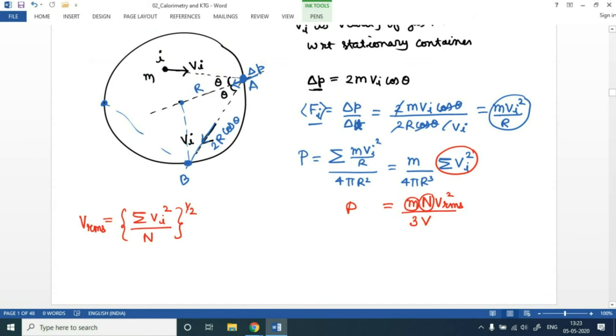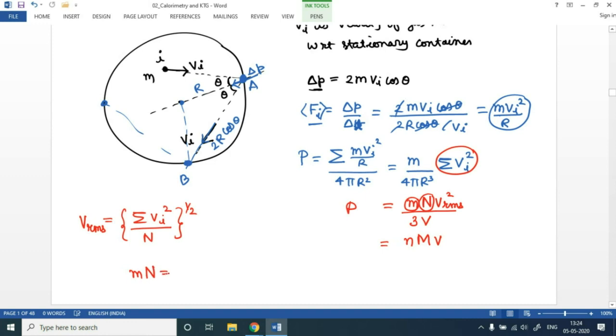So small m into N is nothing but the total mass of the gas inside this sphere, and that has to be equal to, if small n is the number of moles and let's say the molecular weight is M, then small n into capital M, let's write it over here.